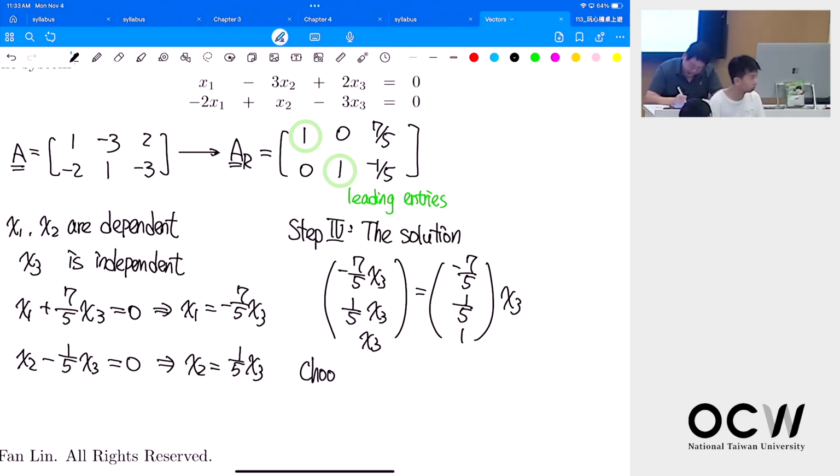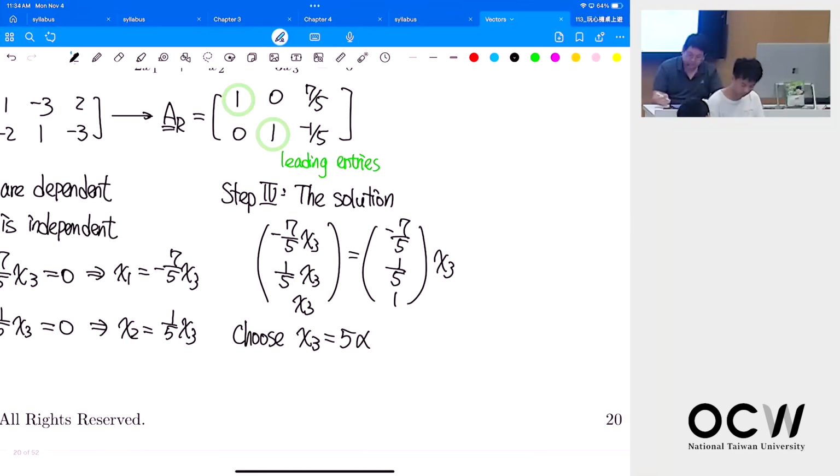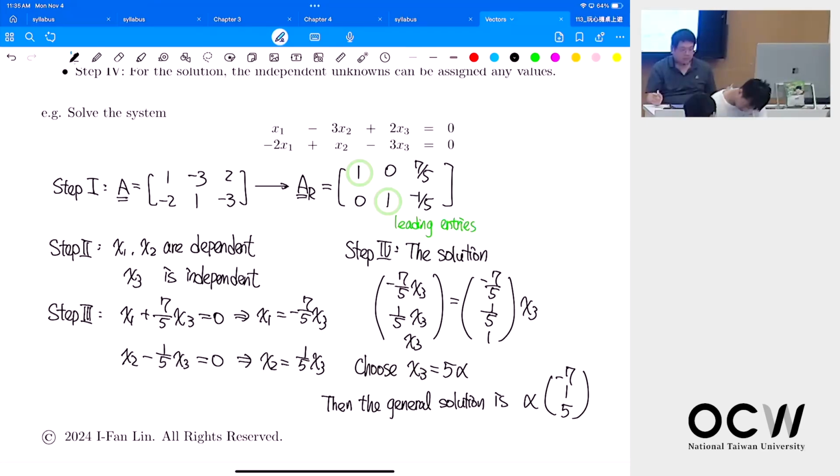Say we let x3 be 5 alpha, since I don't want to see fractions. Then the general solution is alpha times minus 7, 1, 5. Okay. Any questions for this example?